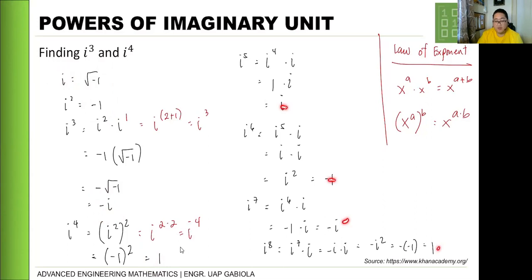So, ibig sabihin nagkakaroon tayo ng pattern. Okay? So, ibig sabihin sa imaginary unit, as nag-i-increase yung exponent natin, cyclic yung pattern ng mismong change ng numbers natin. From i, magiging siyang negative 1, magiging siyang negative i, and then 1.